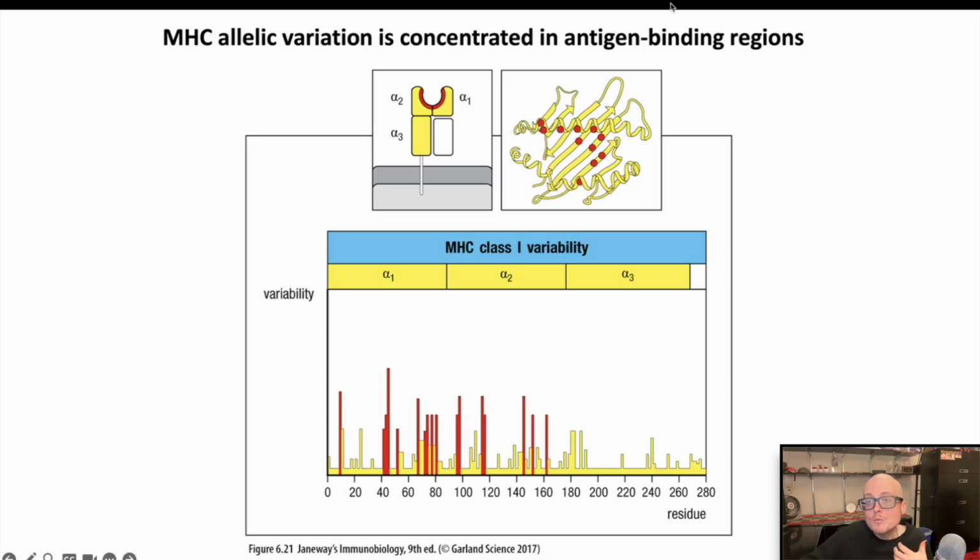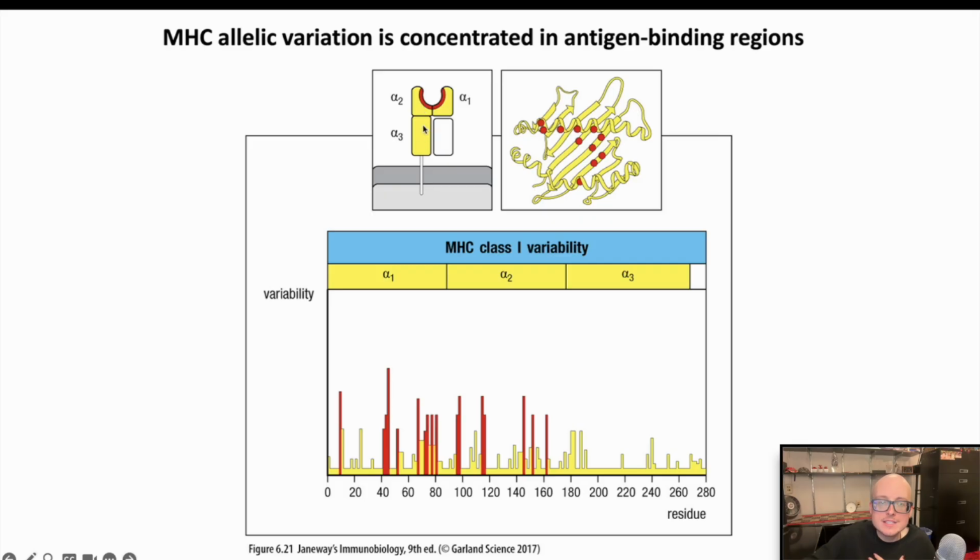That is the portion of MHC that we need to be different, that we need to be diverse from allele to allele. And so where alleles tend to differ from one another are at those positions that encode the amino acids that make up the peptide binding cleft.